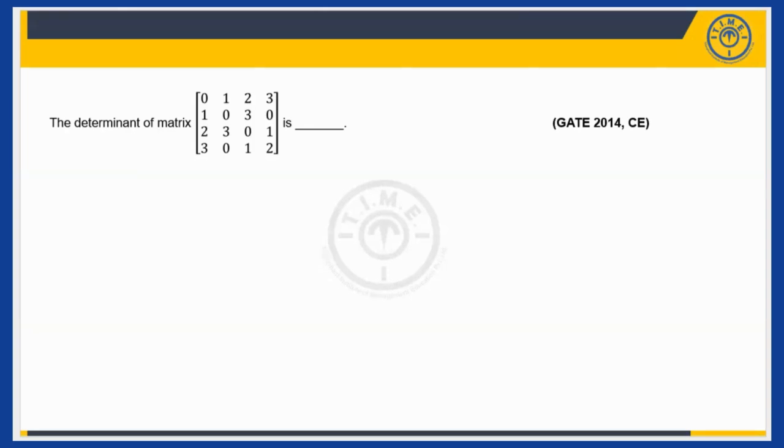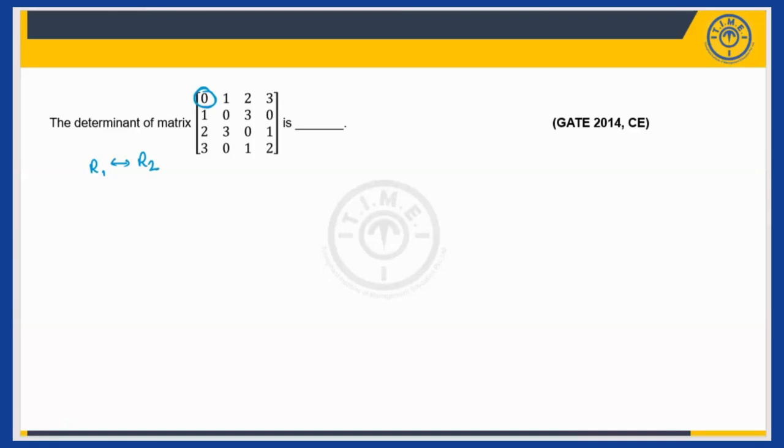Now, the first main basic point is the first element should be 1. So what I'll do is I'll interchange R1 and R2.